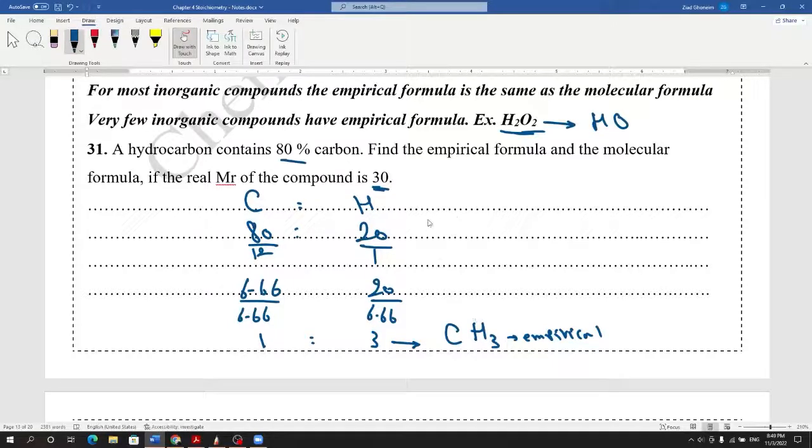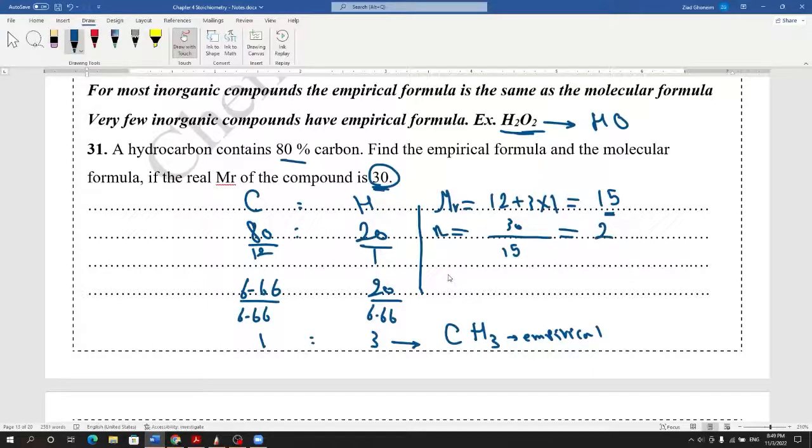First of all, we need to measure the relative molecular mass for the empirical formula. It will be equal to 12 plus 3 multiplied by 1, which will be equal to 15. Right? Now we need the number of moles. The number of moles will be equal to the mass, which is 30, divided by 15, which is the relative molecular mass that we got, which is 2.